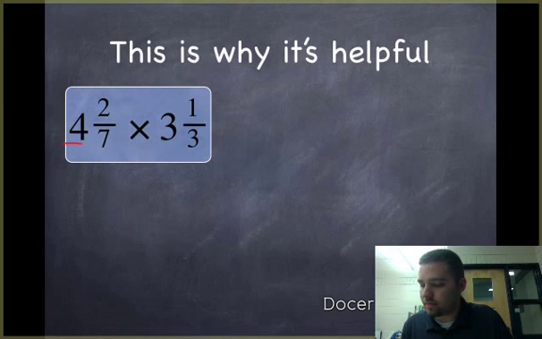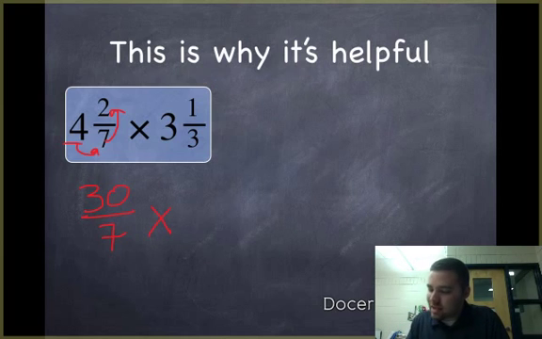I take 4, multiply it by 7, and add 2. So 4 times 7 is 28, plus 2 is 30. What's my denominator? Never changes. It's 7. Then take 3, multiply it by 3, and add 1. 3 times 3 is 9, plus 1 is 10. The denominator never changes. It's 3.